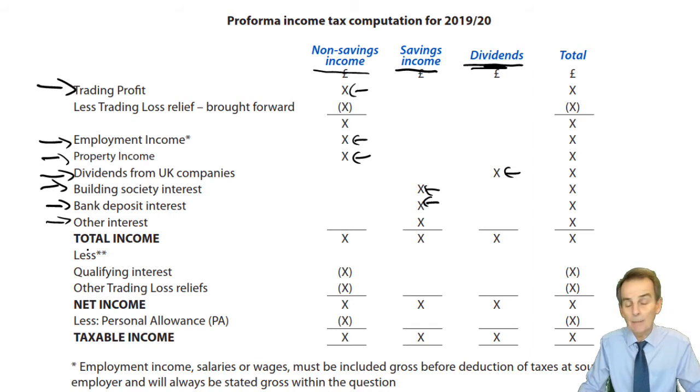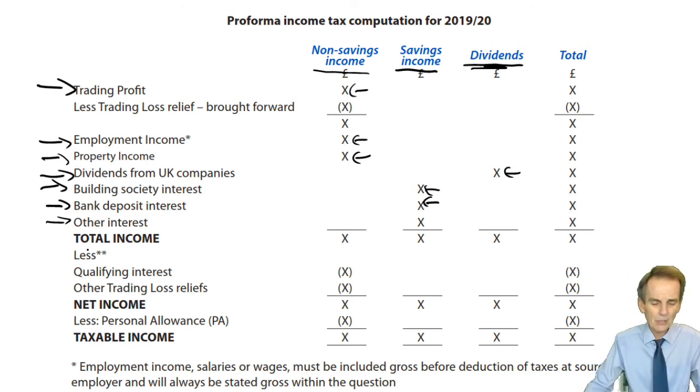So again, a typical objective test question, giving you a list of such sources of interest income and asking you to compute how much of that savings income will be chargeable to tax, giving you different dates when interest was received. We pick out what was received in our tax year, 6th of April to 5th of April, but also throwing in the odd example of exempt income, which of course we must exclude.